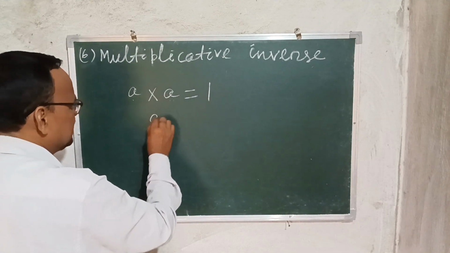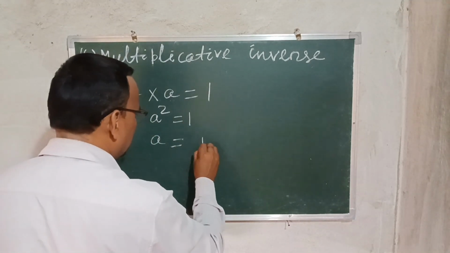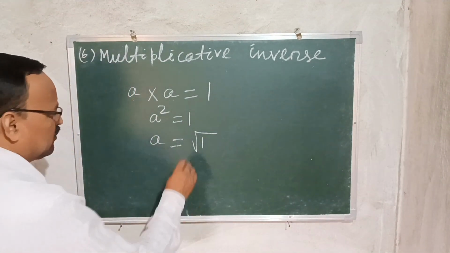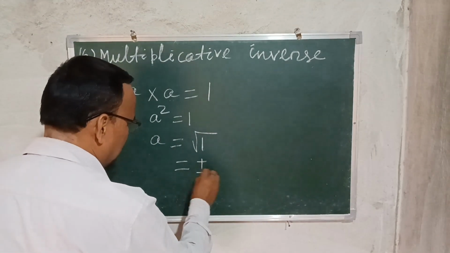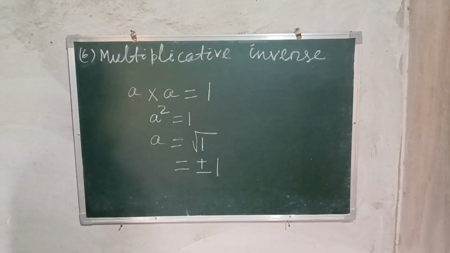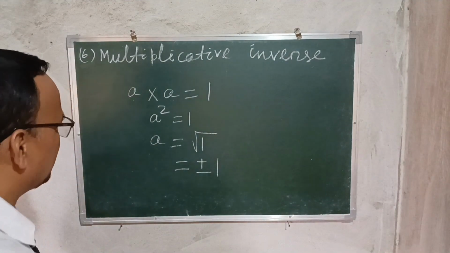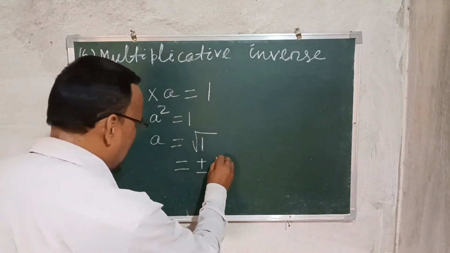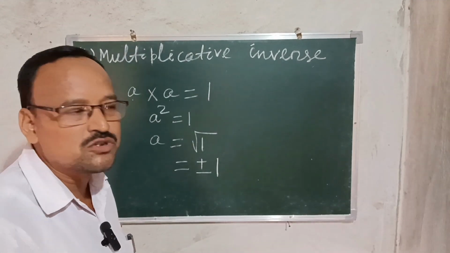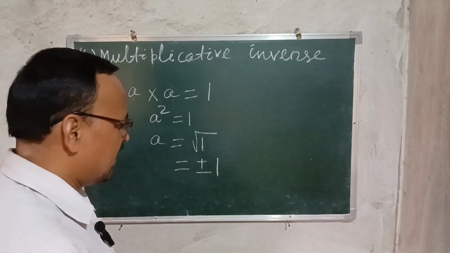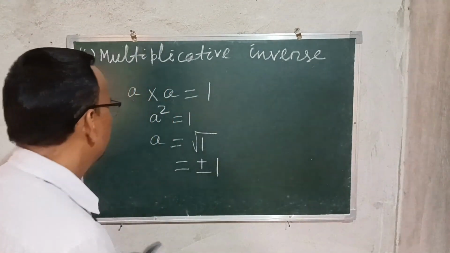So a into a, written as a square, is equal to 1, or a is equal to root over 1, plus minus root over 1, that is equal to plus minus 1. So from this we know that the multiplicative inverse of 1 is 1 and the multiplicative inverse of minus 1 is minus 1. So 1 and minus 1 are the numbers which are equal to their multiplicative inverse.